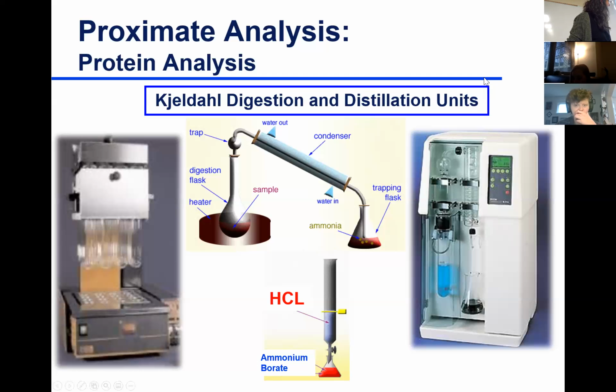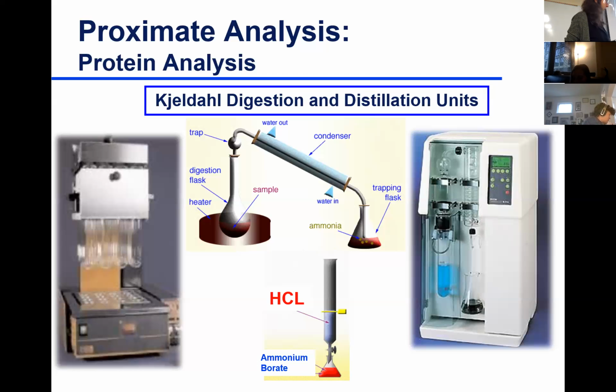So the ammonia and the water vapor goes up here into the condenser and it condenses into a flask where we have our boric acid with methyl red indicator. Your indicator will be pink at first because of the boric acid.